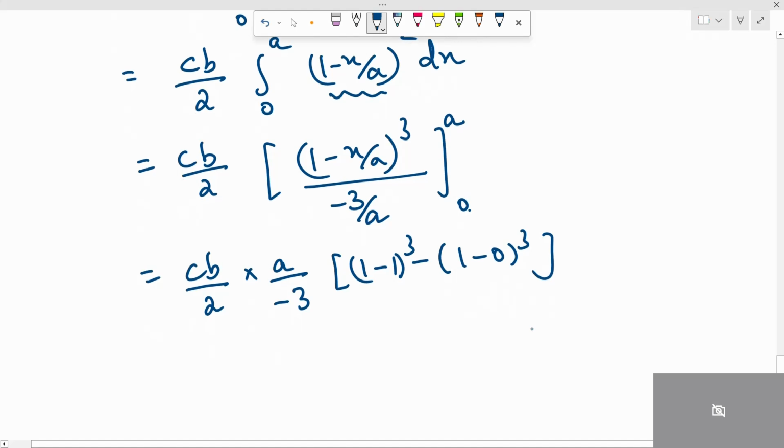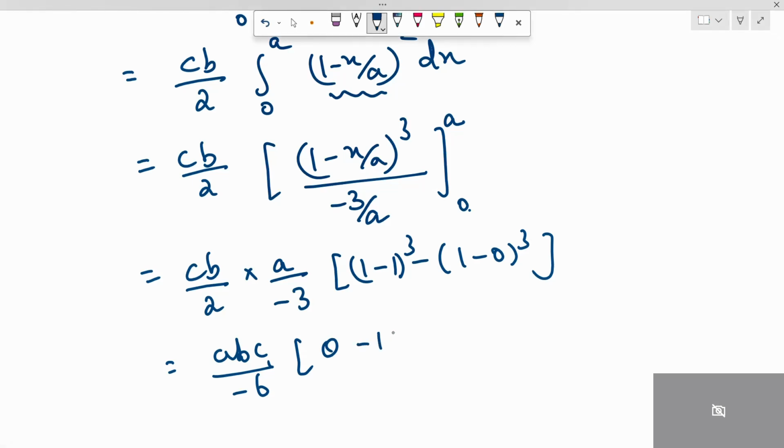Don't forget to apply lower limit value 0. Now we are getting abc by minus 6 into first term becomes 0. Here minus 1 whole cube is minus 1. Minus into minus plus, we are getting abc by 6. This is the final answer.